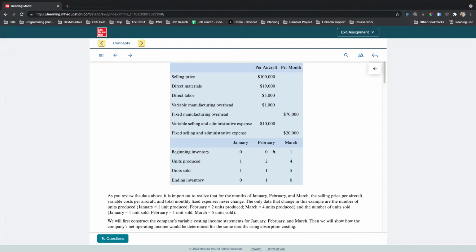By how much? It'll be 10,000. So we're negative 20,000 by February. And let's do 65 times 5.